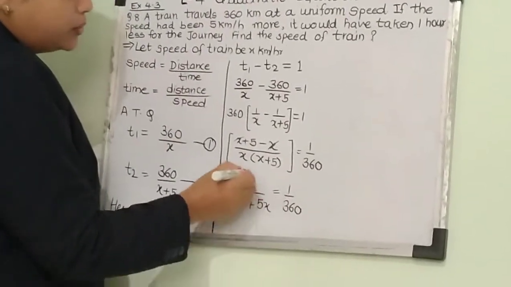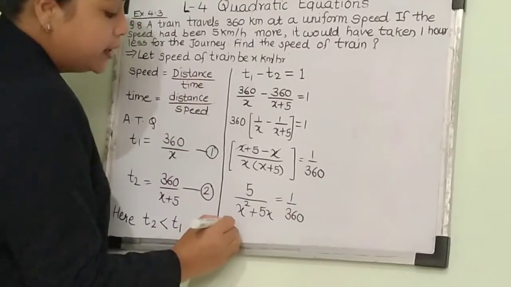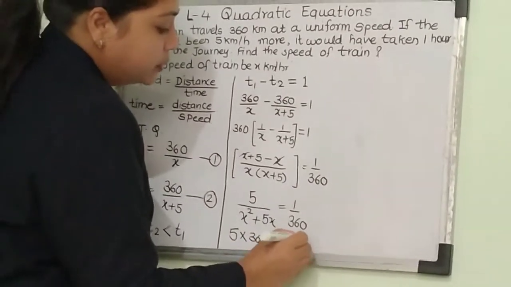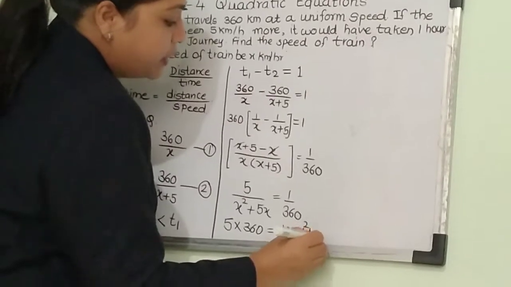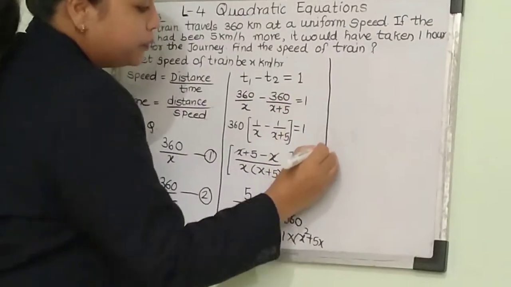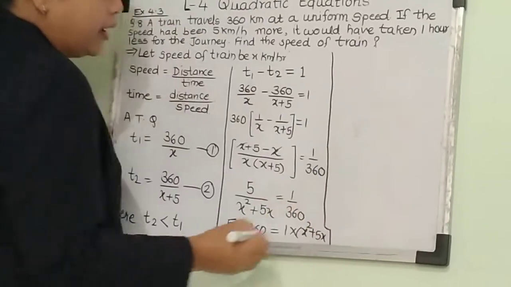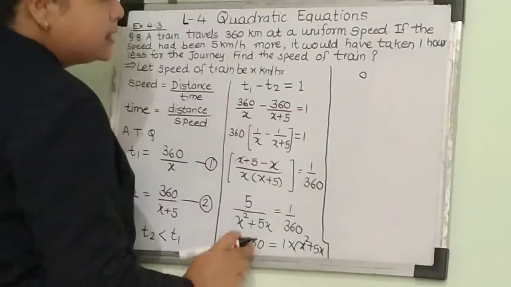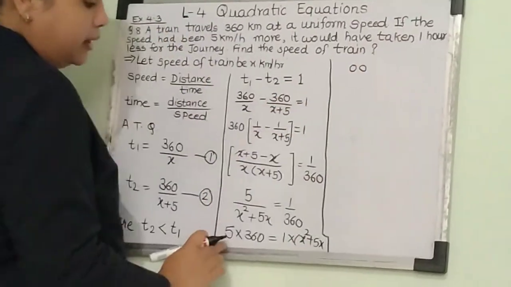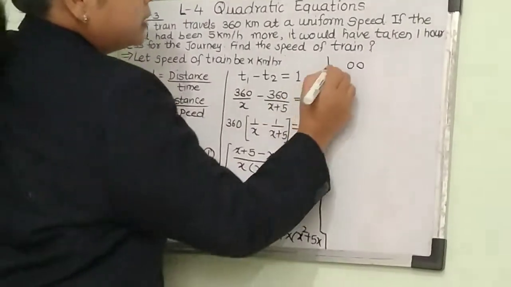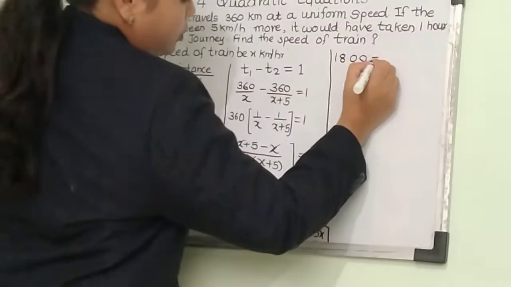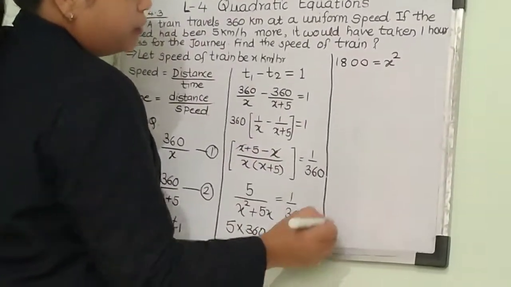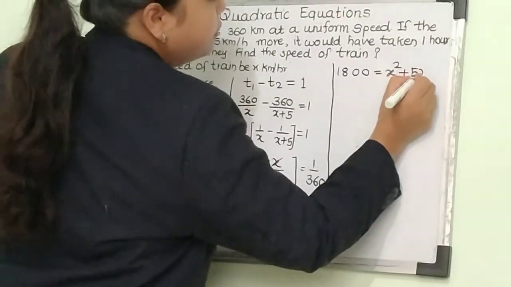Now again we are going to do the cross multiplication. You will get 5 into 360 equals 1 into x square plus 5x. Now 5 into 360: 5 zeros are 0, 5 6s are 30, 3 will carry, 5 3s are 15, 15 plus 3 is 18. So we get 1800 equals x square plus 5x.